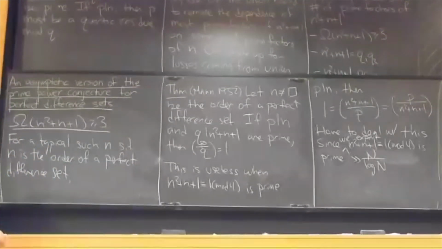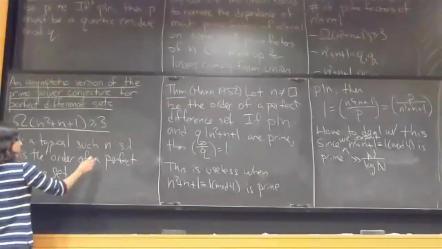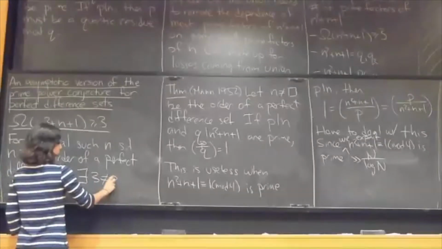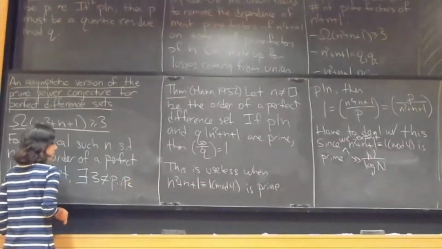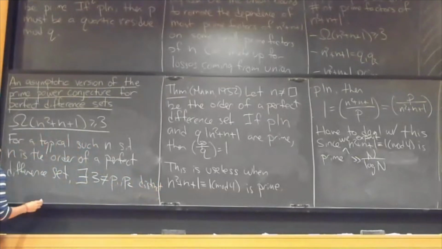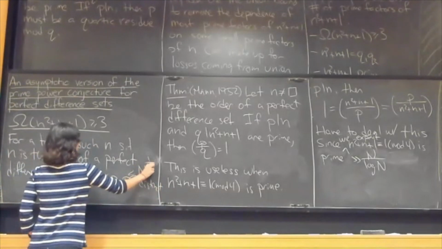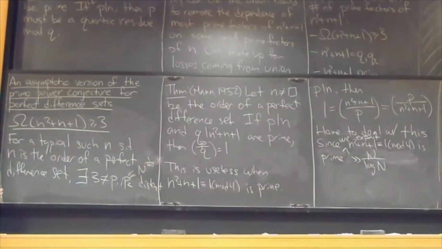The number of n that don't have this property can be bounded in a similar way to what I'm about to sketch. So for a typical such n, there exist 2 distinct primes p1 and p2 that aren't 3, and we also want them to be smaller than like 1 over 100 or something, such that p1 and p2 divide n.